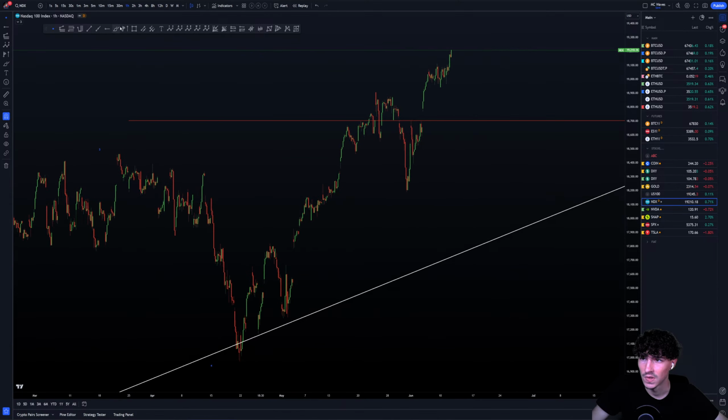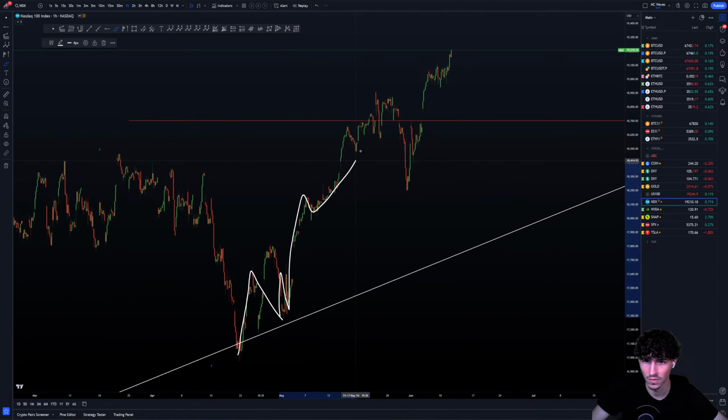You can see here, so we'll have the wave 1, 2, 3, 4, 5 with a 1, 2, 3, 4, 5. So this wave is complete.